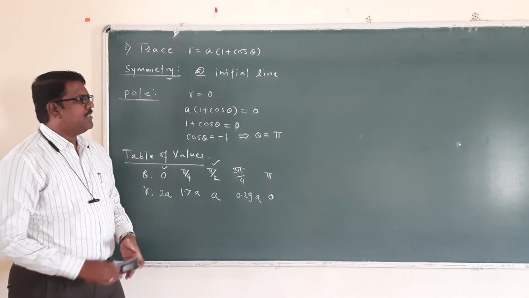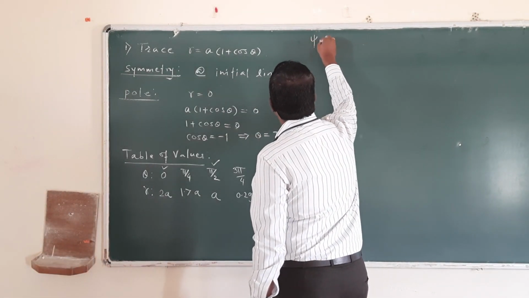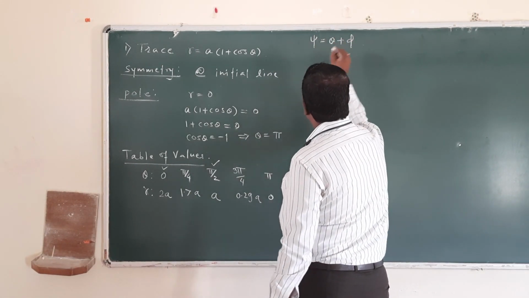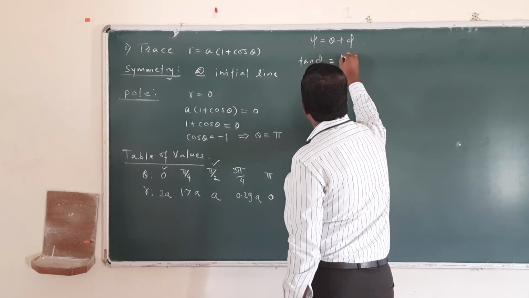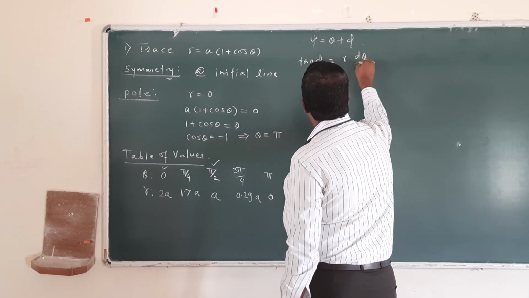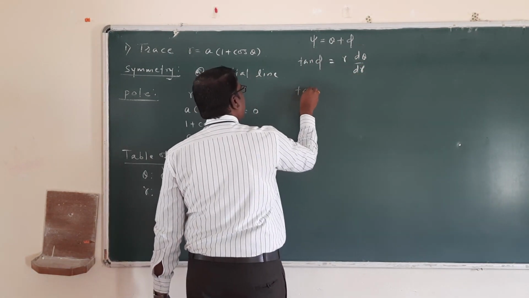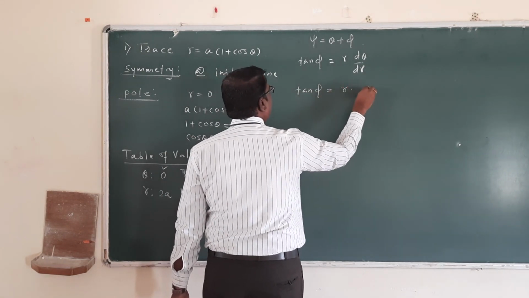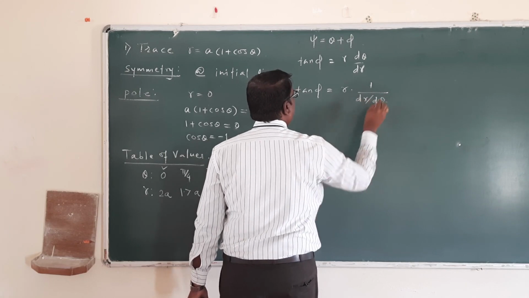For that, we will consider ψ = θ + φ, where φ can be calculated as tan φ = r dθ/dr, and this can be written as tan φ = r × 1/(dr/dθ).